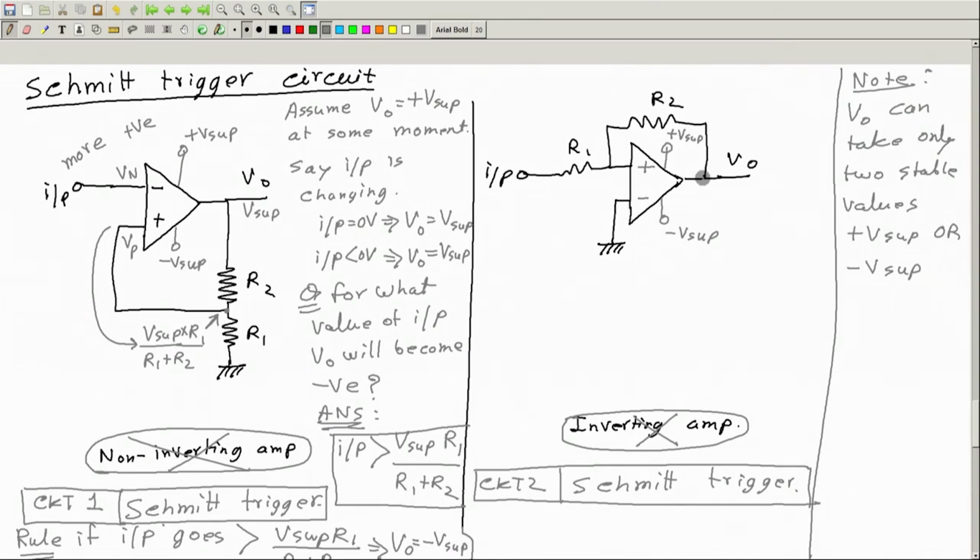For now, let us assume at any moment V O output is equal to plus V supply, positive. This is at 0 volt. This is input, call it V I, and this you can call V P.